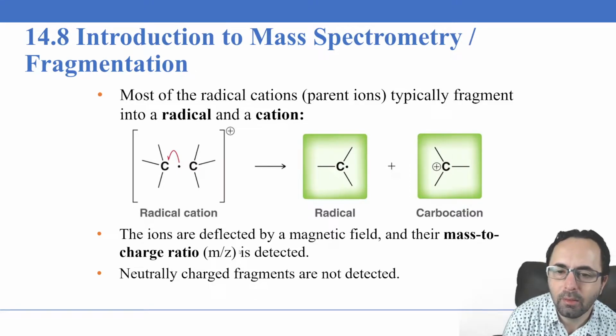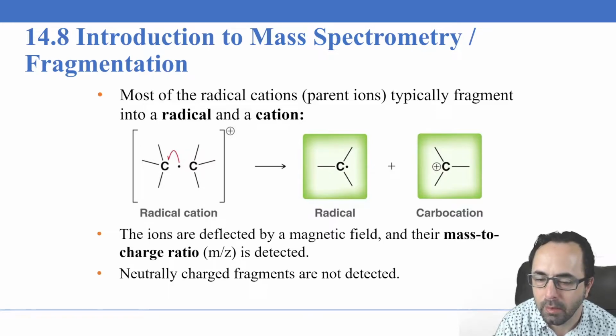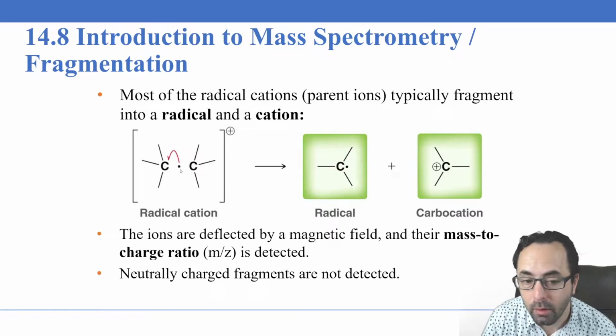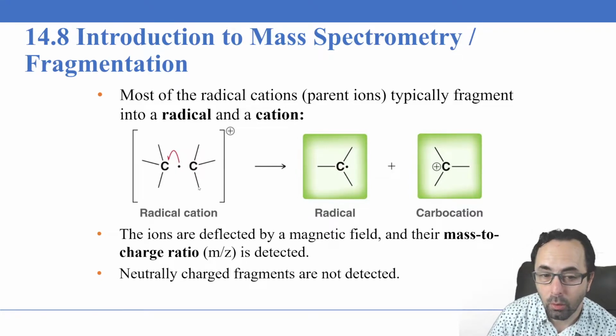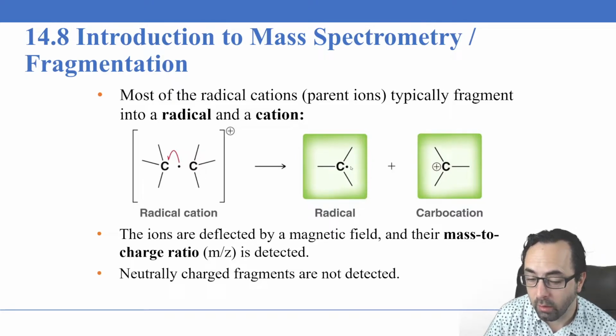When this radical cation is formed, it will immediately fragment because radicals are very, very unstable, and they're going to immediately react. So it will separate, and one of the pieces of the molecule will get the electron, and will therefore be neutral, but we'll have an uneven number of electrons, and this will be referred to as the radical part.